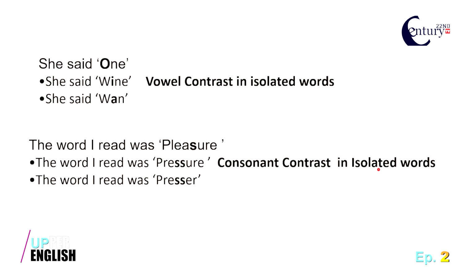So here they are testing your understanding with respect to consonant quality, the S sound, the SH sound, and the J sound. P-L-E-A-S-U-R-E is what? Pleasure. And P-R-E-S-S-U-R-E is pressure, and of course presser.